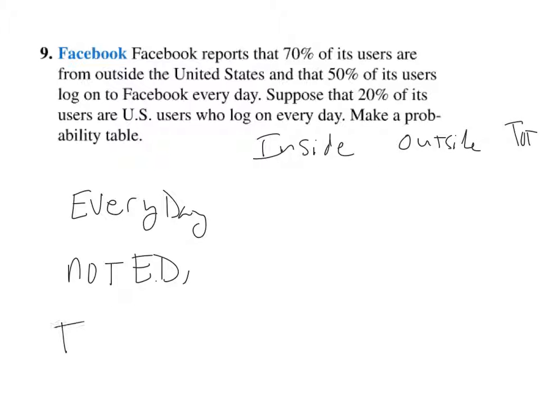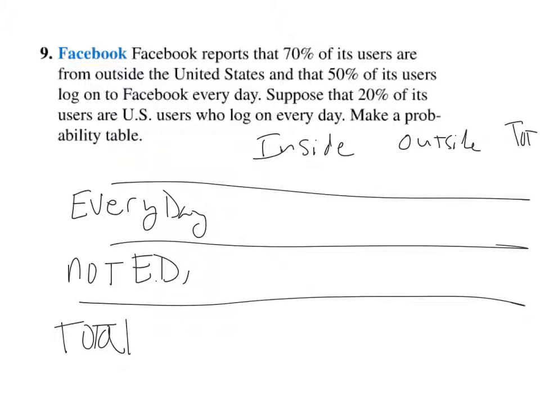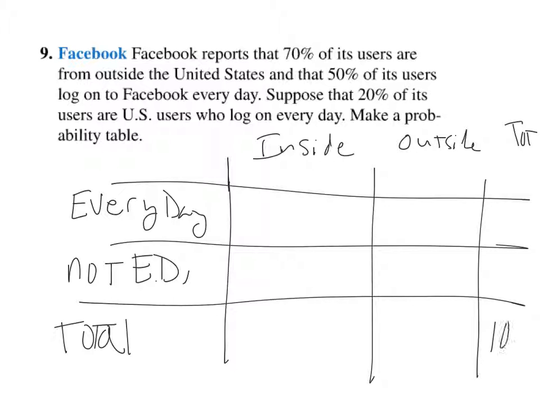And I'll write a total down here, and I'll put some rows to help keep myself organized. Okay, so we know it's 100% the total. We know that 70% of its users are outside the U.S., which would mean there'd be 30% inside, right? Because those two rows have to add up to 100%, or 1.